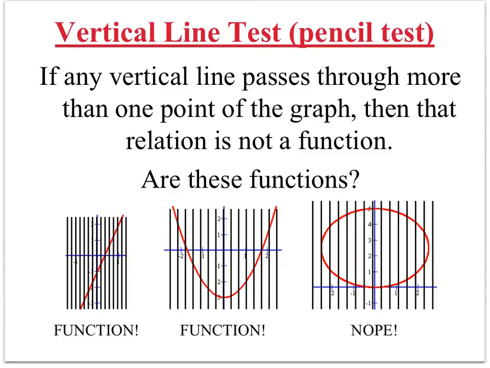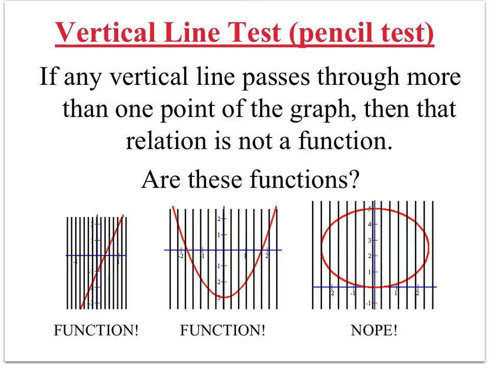Well, in the previous slide, you were able to look at the ordered pairs, essentially the data or the table of it, and determine if your relation is a function by looking at your input and output. Well, there's another way for you to test if a relation is a function. That test is called the vertical line test.